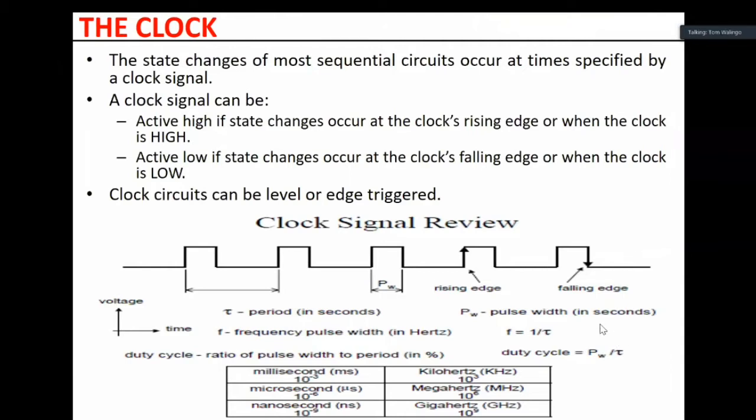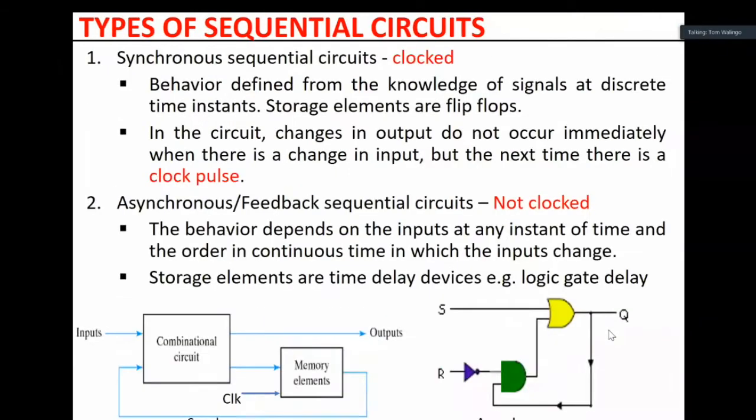The cycle and all that, I won't go much into that. Depending on the clock, sequential circuits can be divided into two types. We've got synchronous sequential circuits that are clocked. The changes in output do not occur immediately when there is a change in input, but the next time there is a clock pulse. The output responds to the input at a clock pulse, mostly a clock edge.